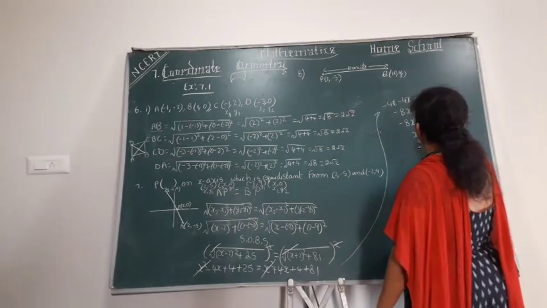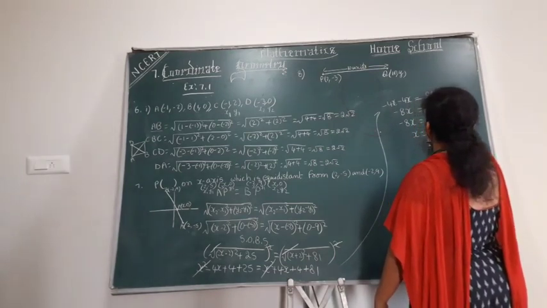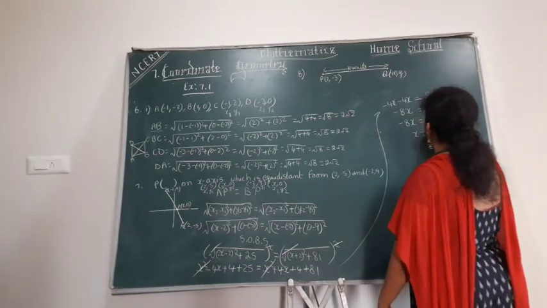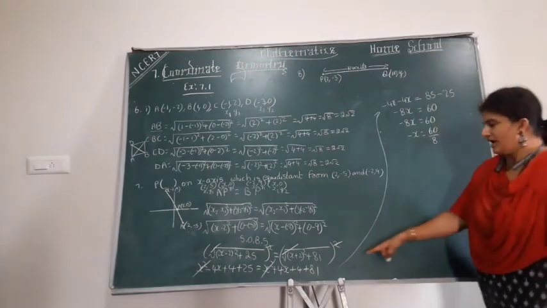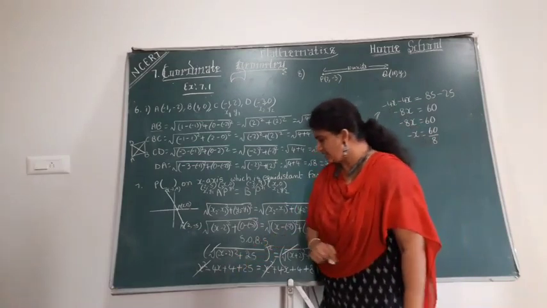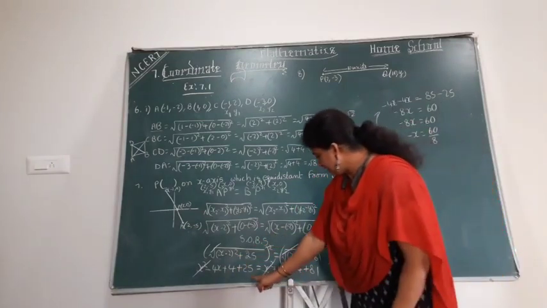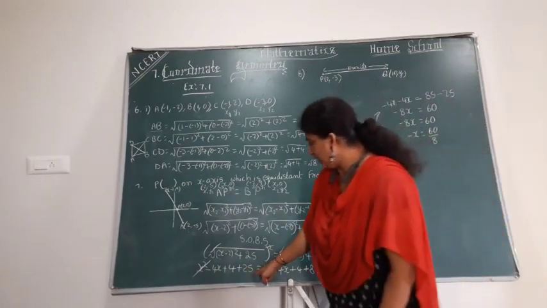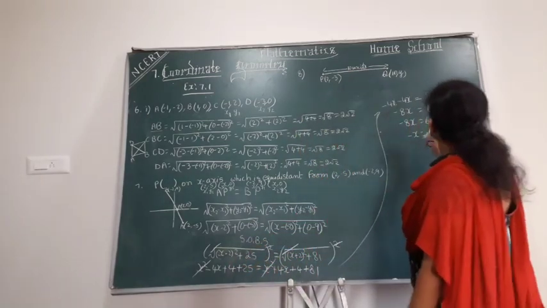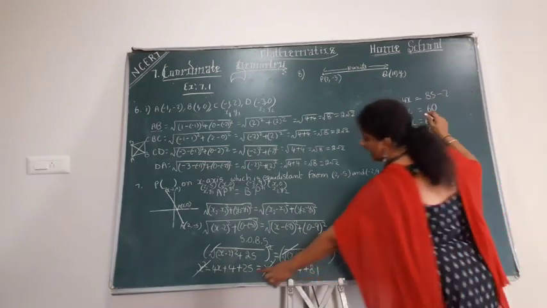Then x is equal to, let's check once again here. Is there any problem? Minus 4x minus 8x, and this is 29, and this is 25 plus 4 will be 29 here. We did not add 4.